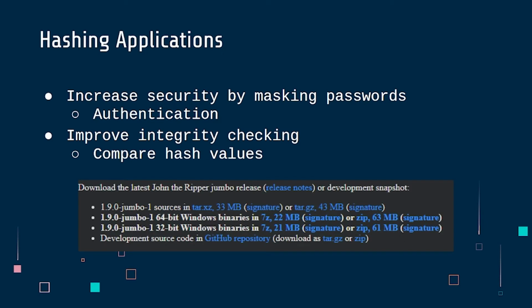Now, let's talk about some applications of hashing. There's two main applications. The first one is that hashing can increase security by masking passwords. And that's the point of this workshop. That's what we're going to be focusing on. And specifically, this is used in authentication. So say you have a company like Google, right?